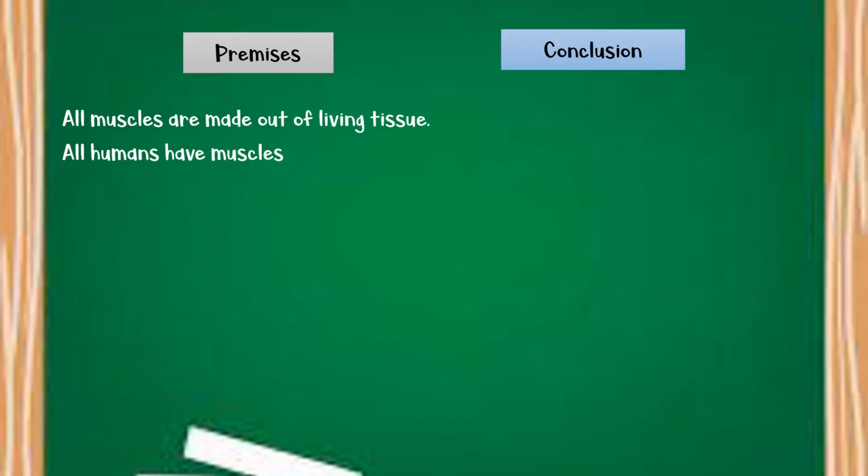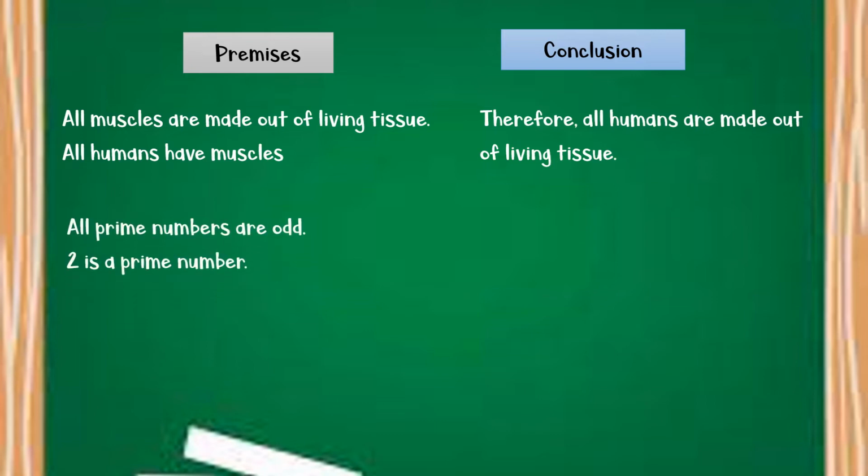All humans have muscles. That's the second premise. What will be the conclusion? Therefore, all humans are made out of living tissues. Usually, the conclusion starts with the word therefore, or I conclude, and so on.